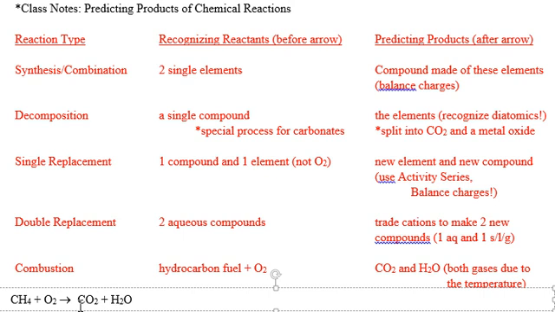Okay? And then you can go back and balance. So carbon, carbon, balanced. 4 hydrogens, 2 hydrogens, so I need to put 2 in front of our water over here. That gives me 4. Okay, and then 2 oxygens over here. Right now I have 4 oxygens on this side, 2 for the water and 2 from the CO2. So I need to go back and put a 2 in front of oxygen here to make it balanced.